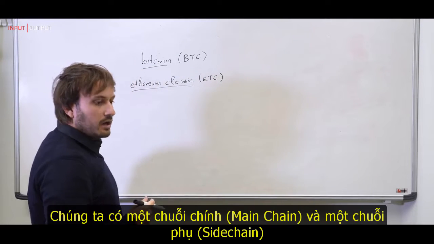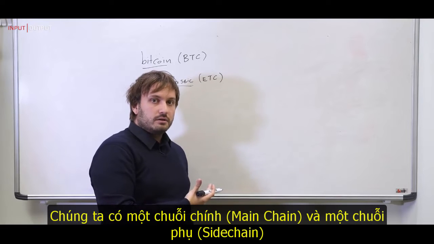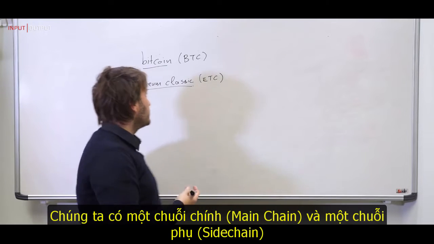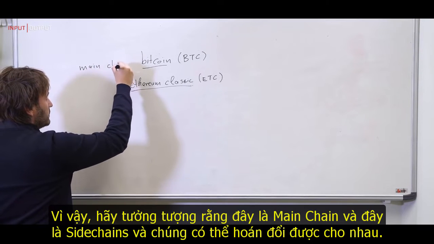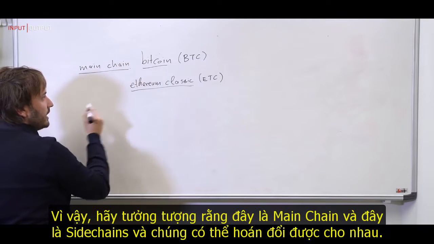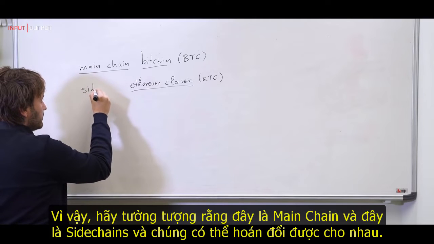So in these chains, we have a main chain and we also have a side chain. So let's imagine that this is our main chain and this is our side chain.